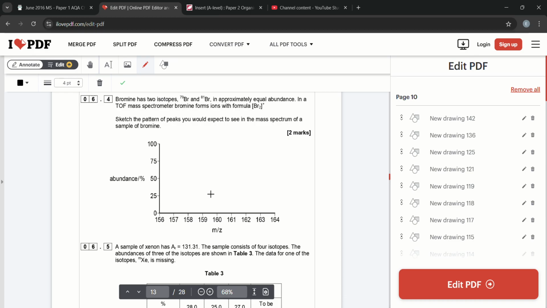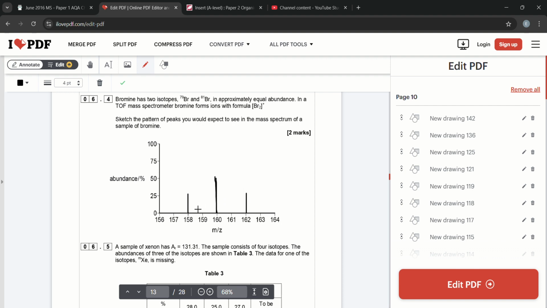So we're going to have 3 peaks: one at 158, which is going to be 25%, one at 160 at 50%, and one at 162 at 25%.